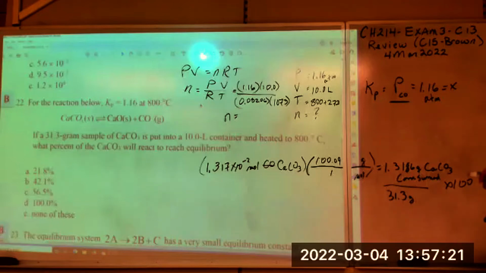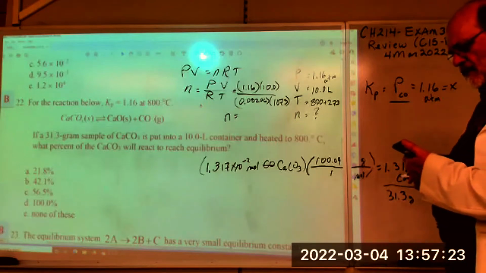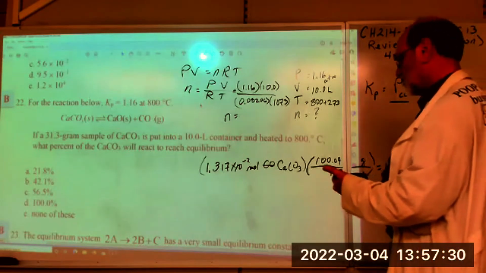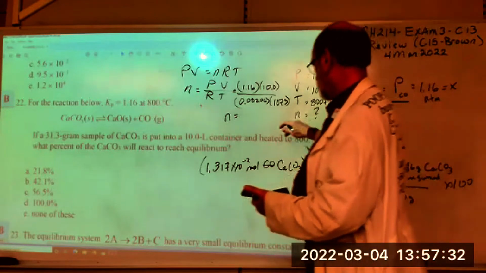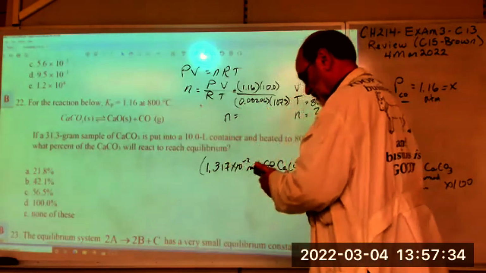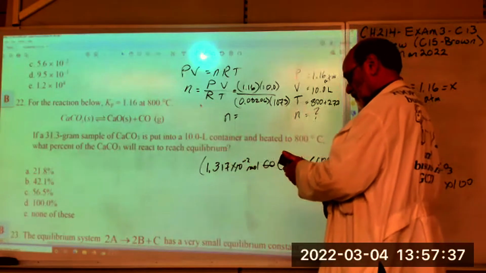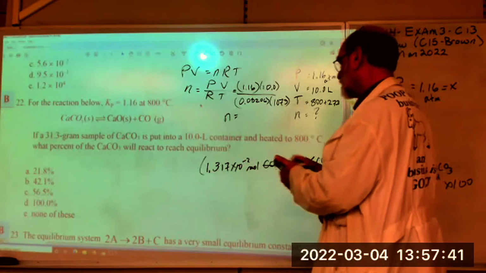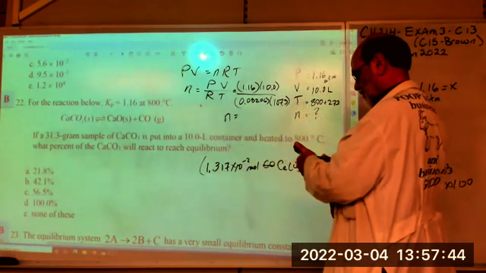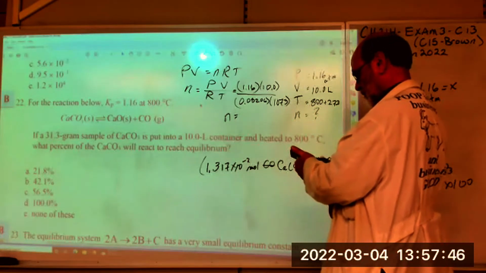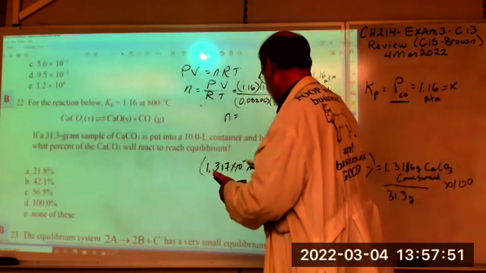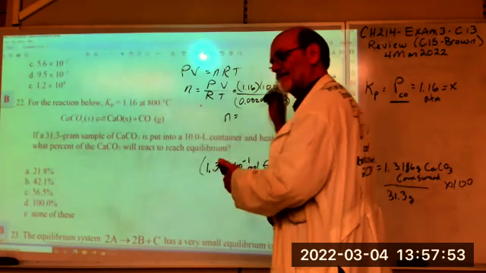I get 4.2%. No, that's not right. I made a mistake somewhere. I better do that over again. 1.16 enter 10 times, yep, 0.08206 divided 1073 divided. There's my mistake.